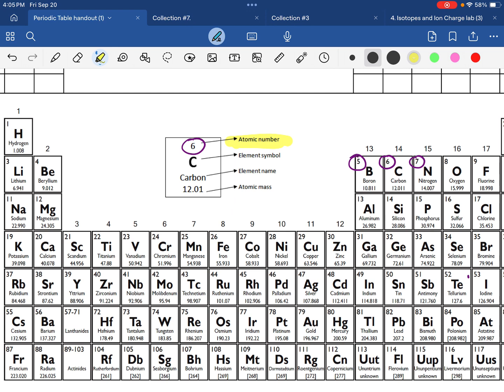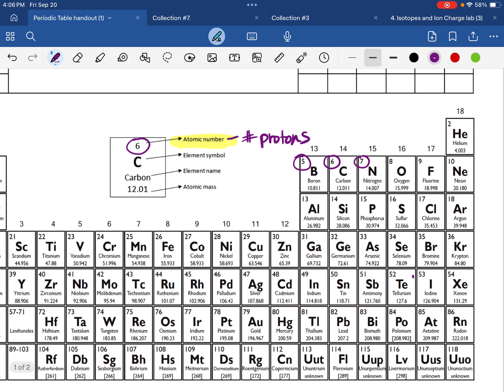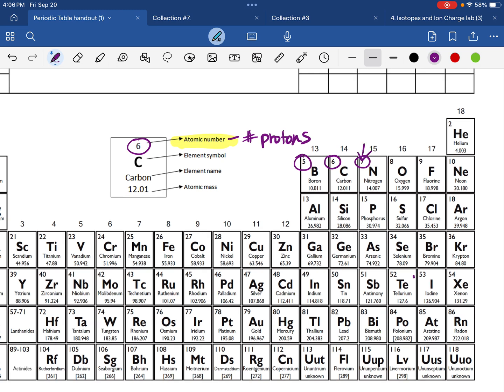The atomic number is also the number of protons. It's what determines the identity of the element. So if something has 7 protons, it's nitrogen. If we add one more proton, it becomes oxygen. Add one more proton, it's 9, it becomes fluorine.